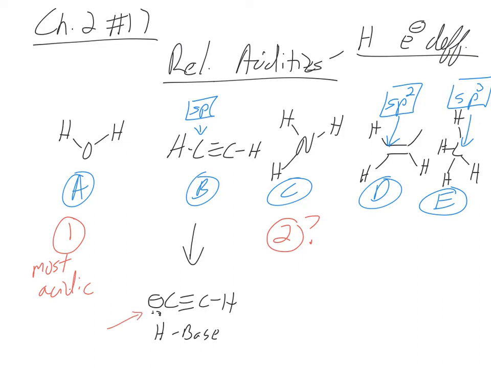Well, let's take a step back. What are the hybrid orbitals for sp hybridized? I'll draw them in. Think about the bonds. What kind of bonds does this carbon have? It has 2 sigma bonds and 2 pi bonds.